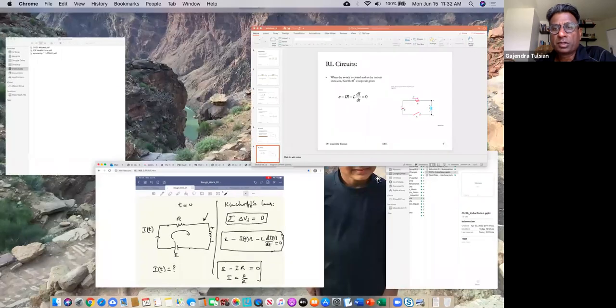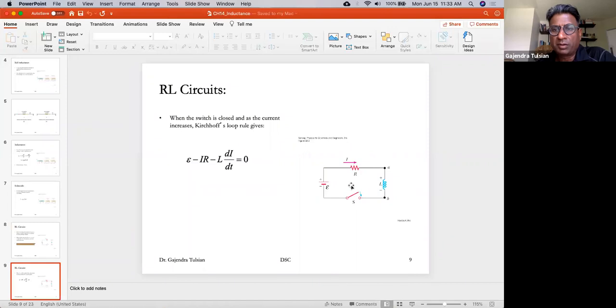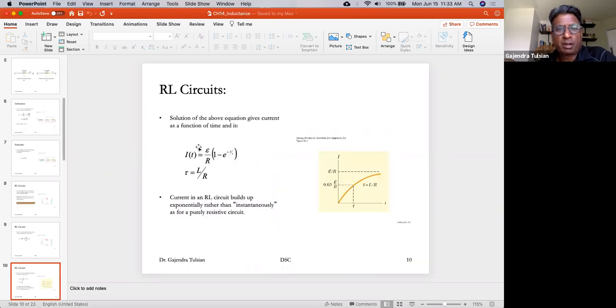All right, so the behavior of this system after you close the switch is modeled by this differential equation, okay? And even Thai can solve this differential equation. And this is the solution Thai came up with.